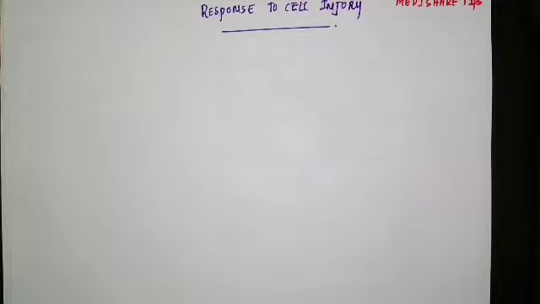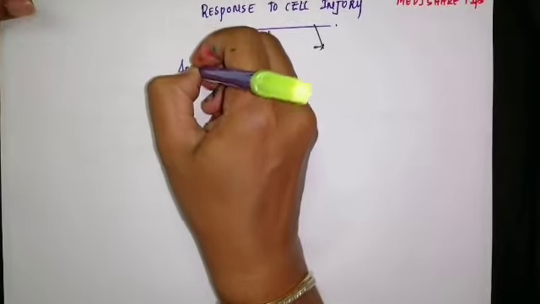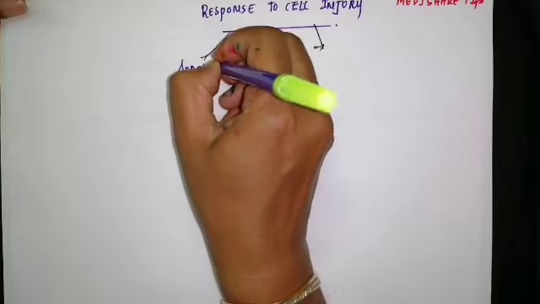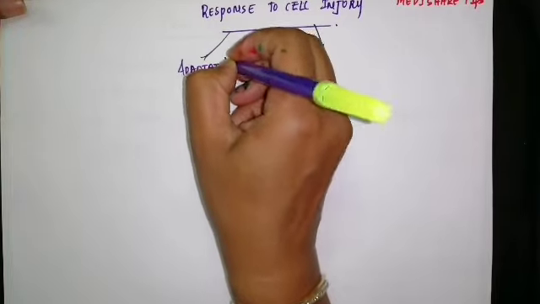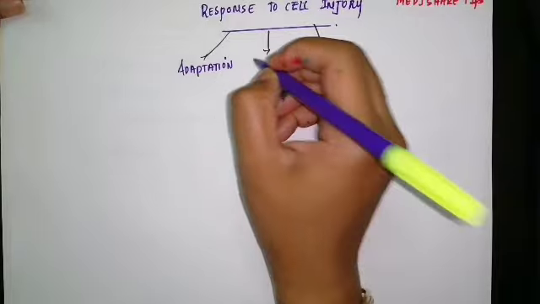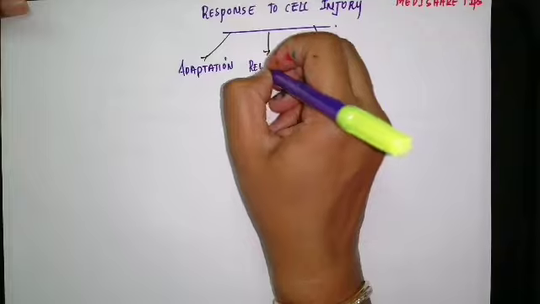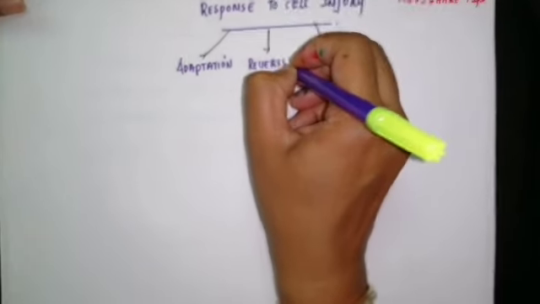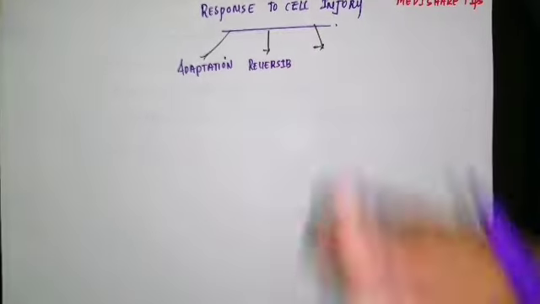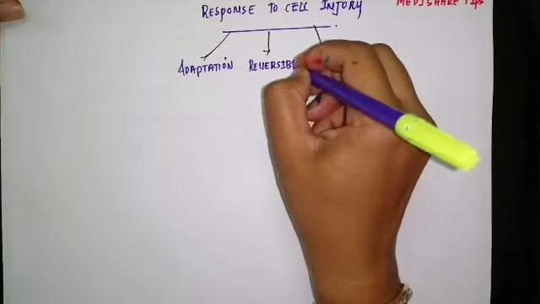A cell can respond to a cell injury in three ways. First of all, the cell can adapt. Adaptation means it will alter its physiological function in response to cell injury. Or the cell can get reversibly injured, that is called reversible injury, in which the cell is able to regain its function if the cause of cell injury is removed.